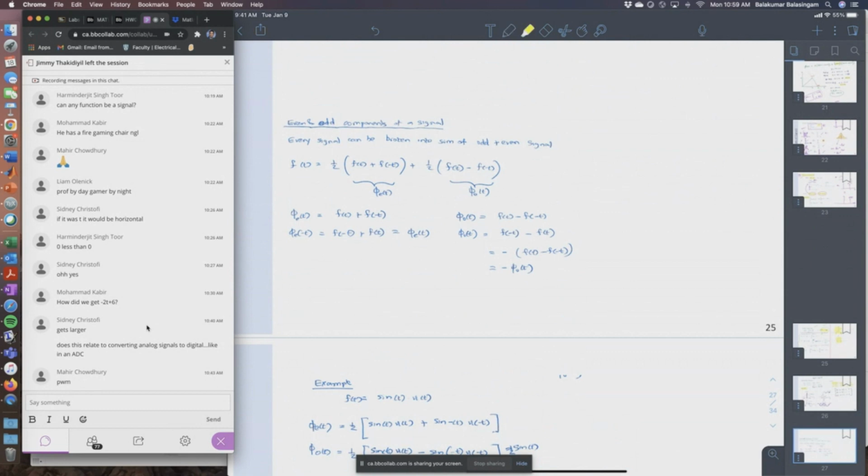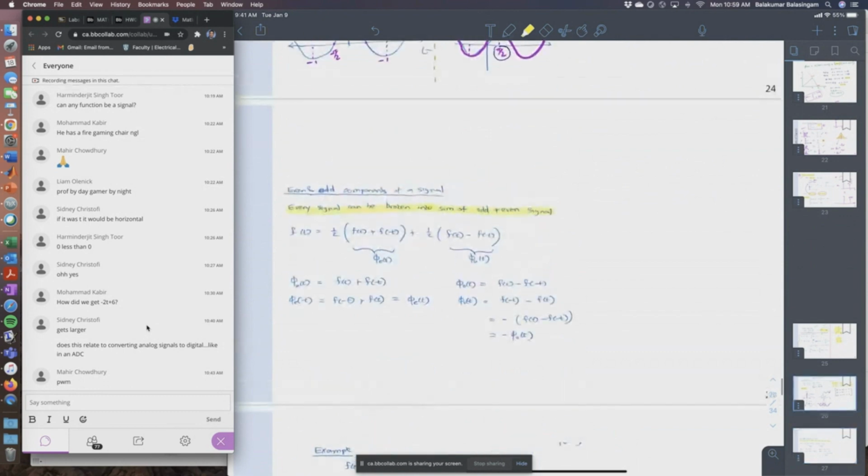Here is something important: every signal can be broken into a sum of odd and even signals. If you just think about f(t), it can be written as half of f(t) plus f(minus t), plus half of f(t) minus f(minus t).